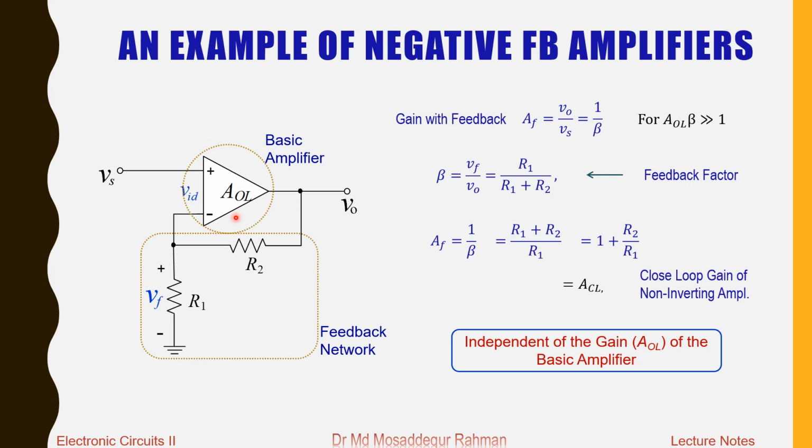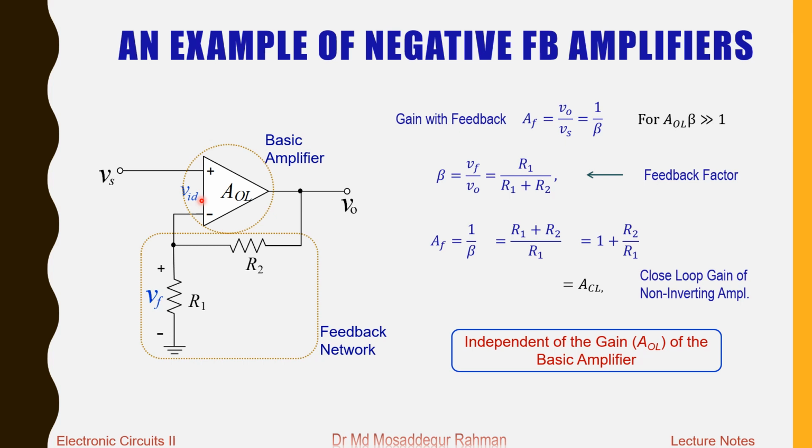Not only that, the open loop gain is also a strong function of frequency. It can vary with temperature, it can vary from component to component. So it is a fluctuating parameter. You can never have an accurate, precise value for the open loop gain.